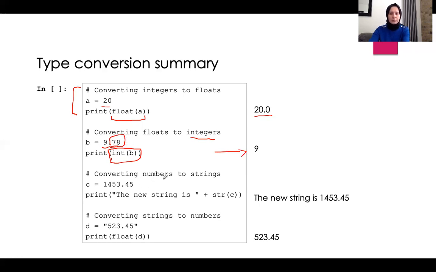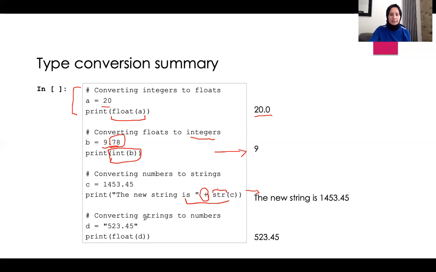We can turn numbers into strings, and this is what we need to do. This is the number we have, and we want to turn it into a string so that we can use this operator here. We have to make it a string, and this is the result we will get. If you don't do this casting here, you won't be able to put them together.